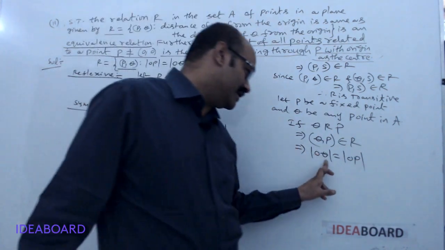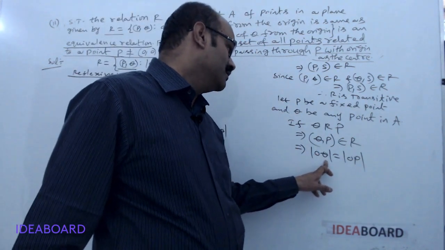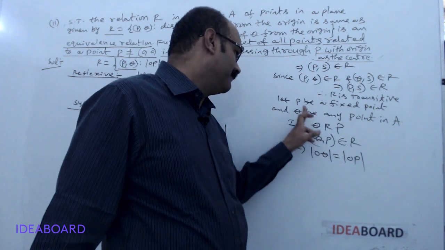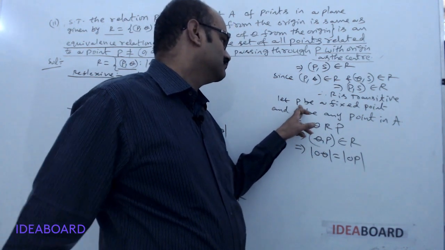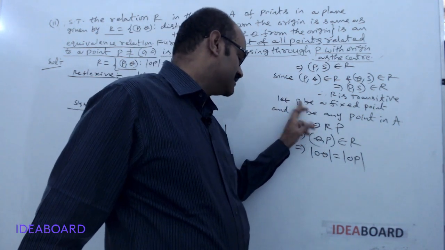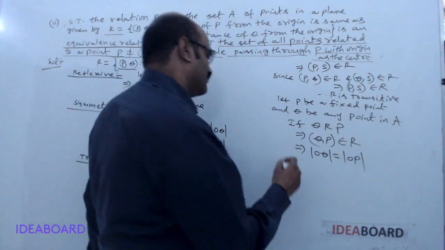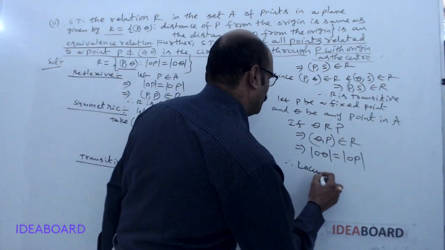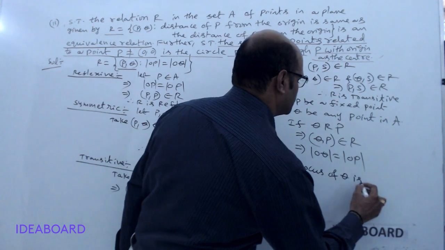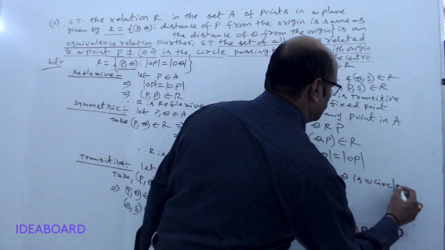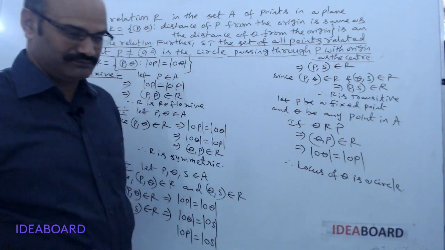Therefore, if you take any point related to P, then the locus of Q is a circle. Hence proved.